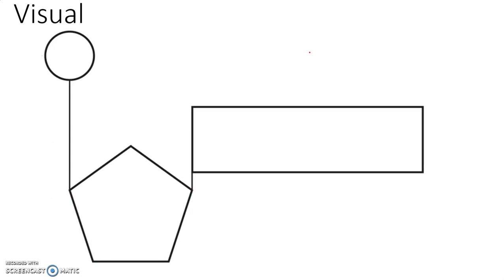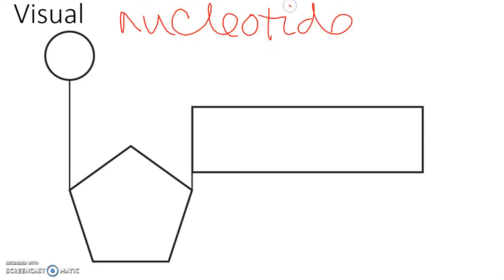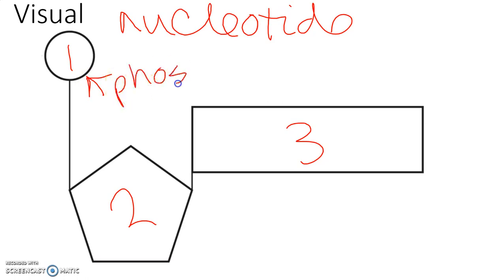So this is called a nucleotide. And a nucleotide is made of 3 parts, 1, 2, and 3. So part number 1 is called a phosphate group. Okay?